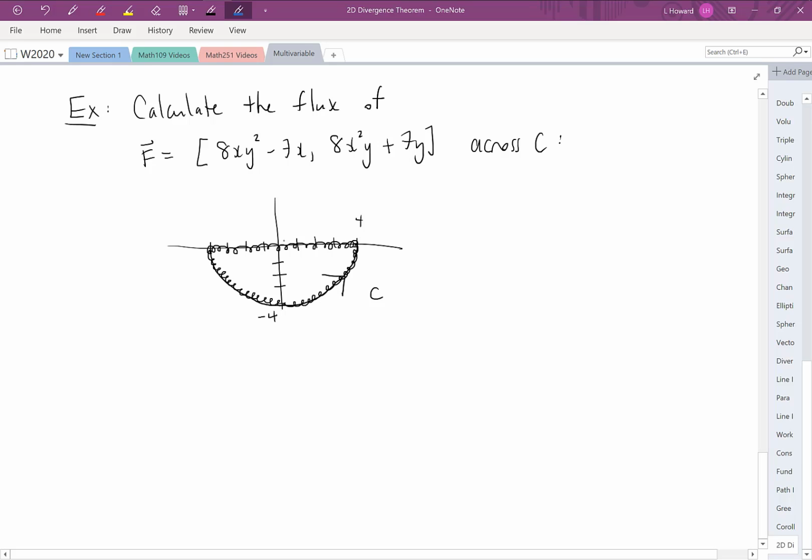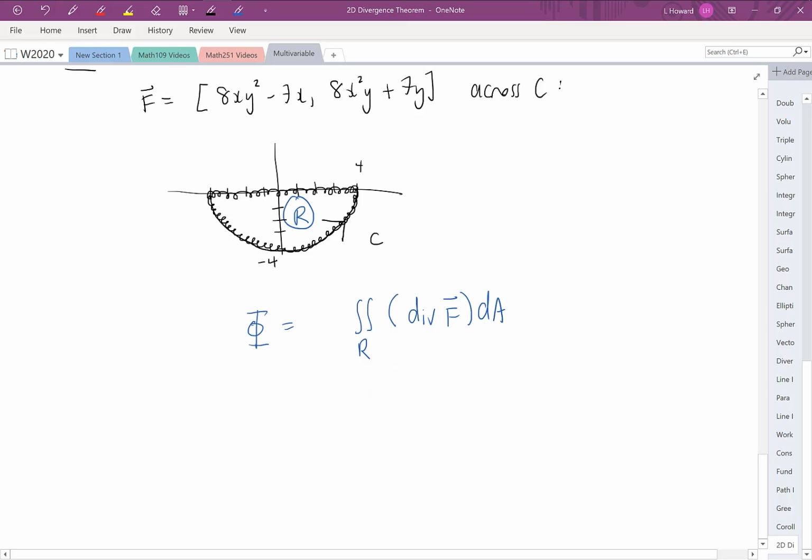So it meets the assumptions of the 2D divergence theorem. It is a simple curve, it's closed, and it's positively oriented in that this region R stays on the left as we travel around C. All right, so let's break out the 2D divergence theorem, which says if you want to calculate flux, you're going to do a double integral over the region R, and what you're integrating is the divergence of F. So let's start by calculating the divergence of F. Flashback to when we talked about divergence earlier in this video series.